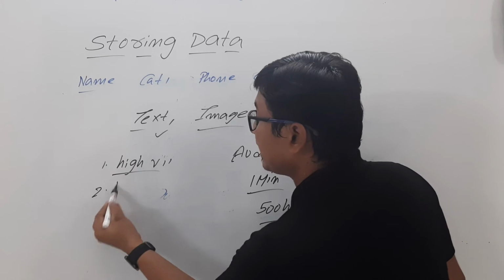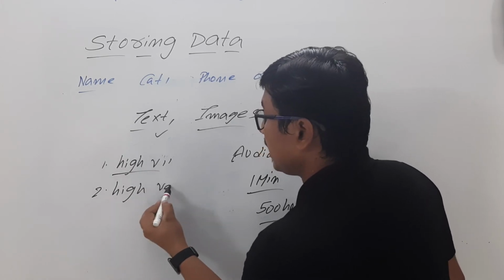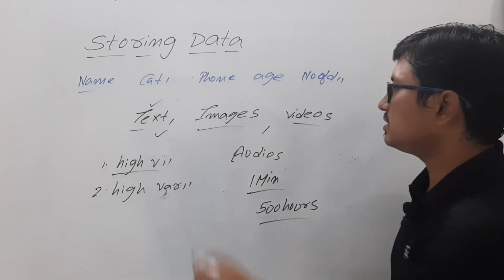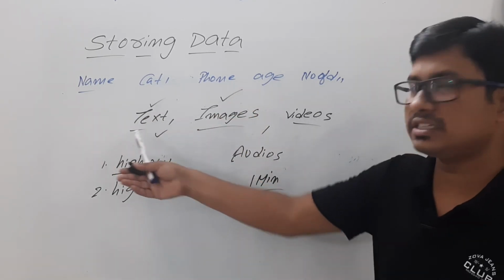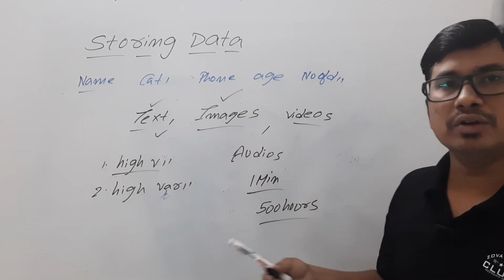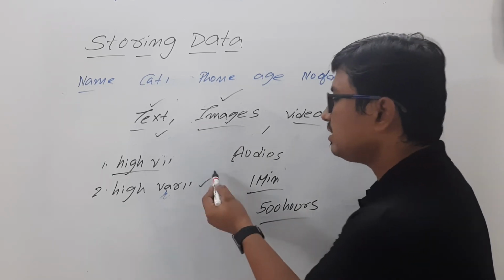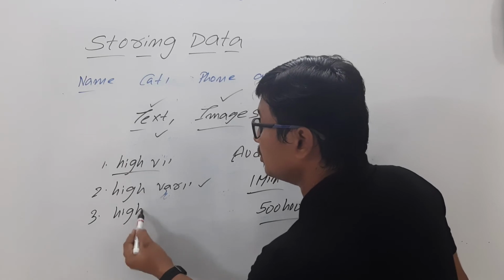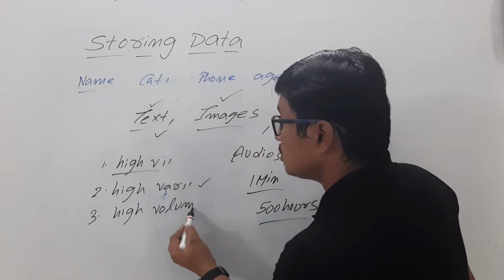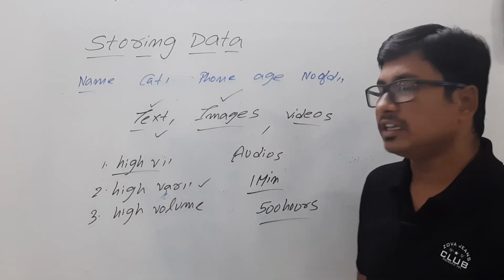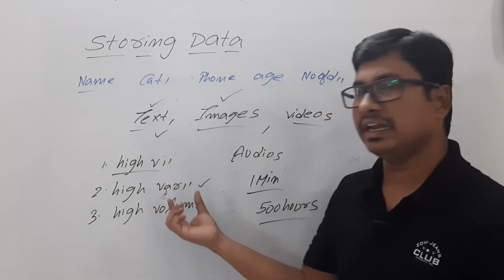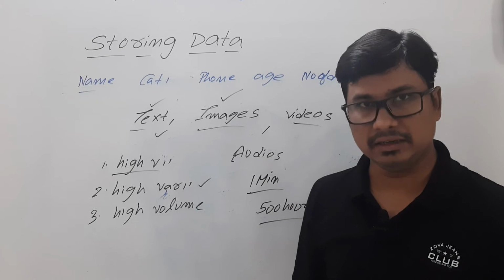Then high variety: you are generating text, images, videos, audios. All these are a high variety of data. And high volume: a large volume we are generating. So big data is nothing but high velocity, high variety and high volume of data.